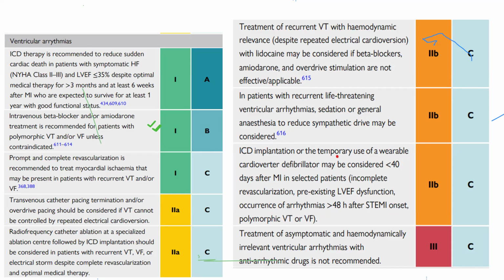So for the ICD, it has to be after 40 days or the 6 weeks. So greater than 48 hours is when you should consider a device or a defibrillator. However, if it's within 6 weeks, you may consider the wearable cardioverter because the permanent ICD implantation is after 6 weeks. So that is why that is true.